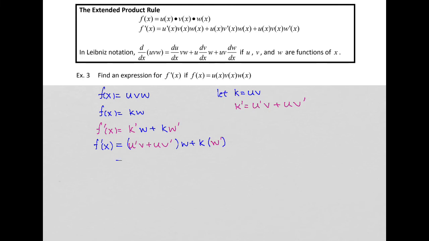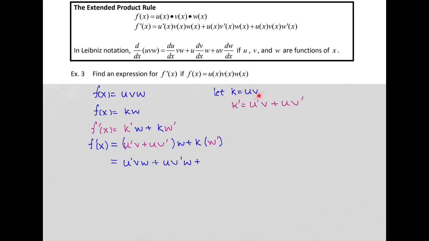And then that's expanded. We're going to have u prime v w plus u v prime w plus k being defined by u v. So we can say u v w prime. So as you can see, when you have three functions that are being multiplied together, u, v, w, the differentiation will be u prime v w, plus v prime u w, plus w prime u v.